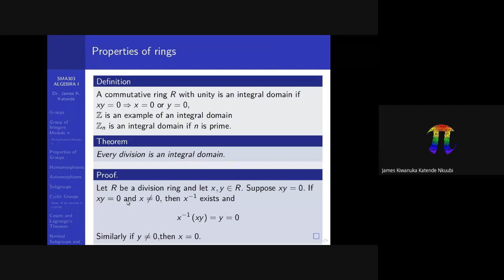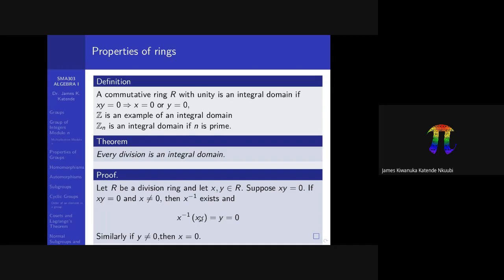So let R be a division ring. We are proving this theorem that every division ring is an integral domain. What we need to prove is that if you multiply any two elements in a division ring and get 0, at least one of them must be 0. So let's assume that is the case. We have multiplied two elements, xy, and we get 0. Suppose one of them, say x, is not 0, then it means it's invertible. And therefore we can multiply both sides of this equation by x inverse.